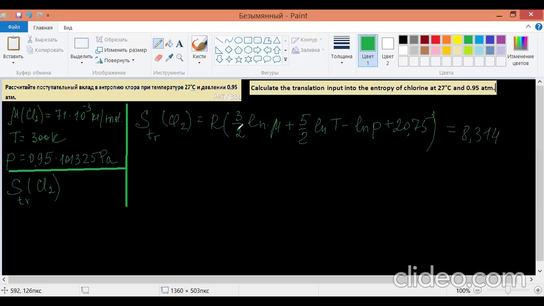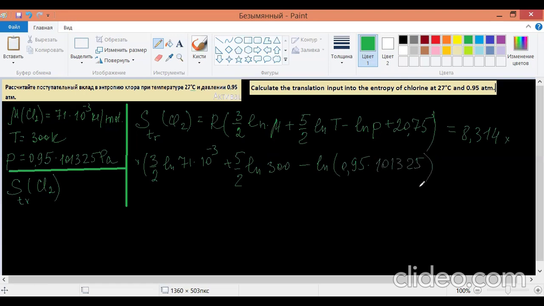And now all we need to do is just to put the numerical values of all the terms. This is the value of the gas constant, 3/2 times the logarithm of 71 times 10 raised to the minus third plus 5/2 logarithm of the temperature, I'm sorry, it's not 5 but 300 Kelvin, so minus logarithm of 0.95 times this, because this is the number of pascals in 1 atmosphere, plus 20.75.